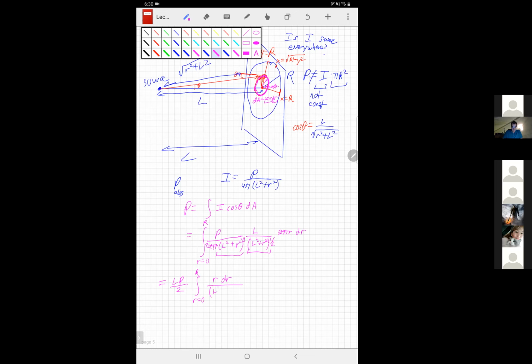So we add up those powers and we're left with L squared plus R squared to the 3/2. I think at this point, it would make the most sense to do a U substitution. To say U is L squared plus R squared. So du is 2r dr, or r dr equals du over 2.